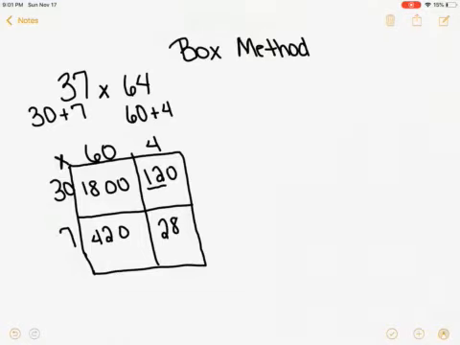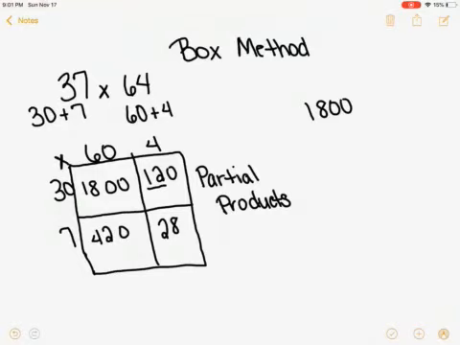We take all of these partial products and add them together. So 1800, 420, 120, and 28.